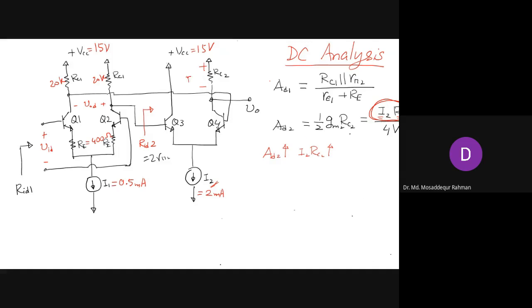This is the voltage drop IC2 RC2, and IC2 is half of I2. So basically you are increasing the gain. And the higher this voltage drop, the higher the gain, right?